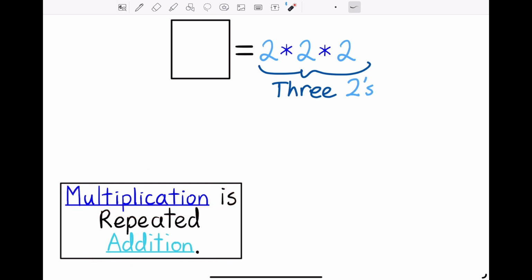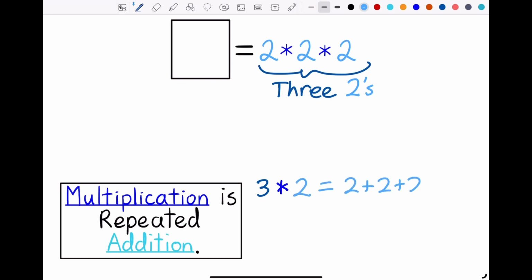However, we're not going to use multiplication to rewrite 2 times 2 times 2 because multiplication is repeated addition. For example, let's say we want to rewrite 2 times 2 times 2 as 3 times 2. 3 times 2 tells us that we're going to add 3 2's.